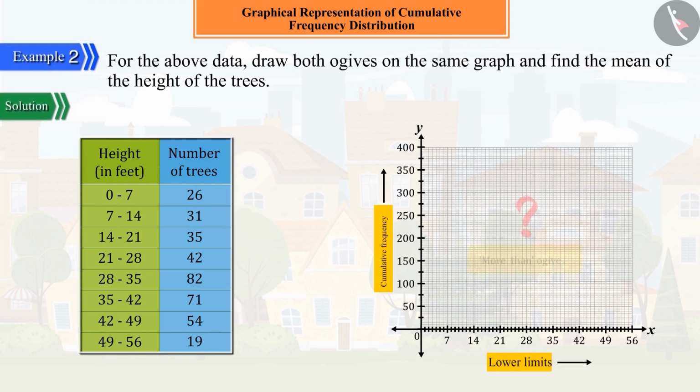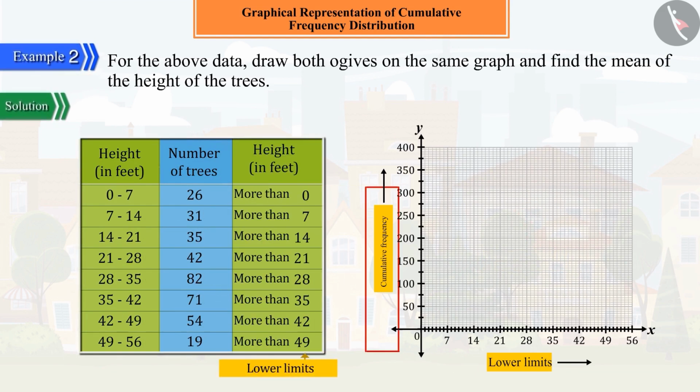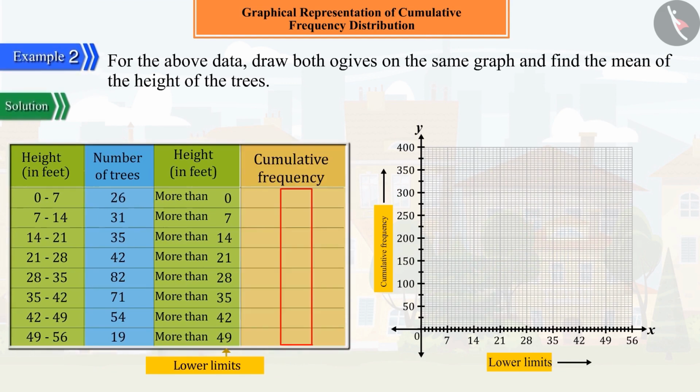So now, can you get more than type of ogive using the given distribution? Perfect! For this, we will need to construct more than type cumulative frequency distribution, where 0 to 49 are the lower limits of the corresponding class intervals.